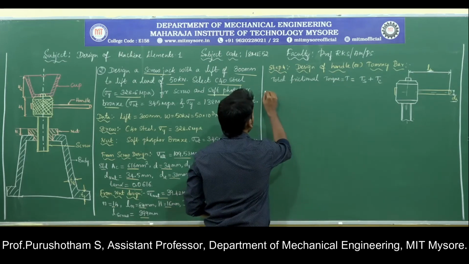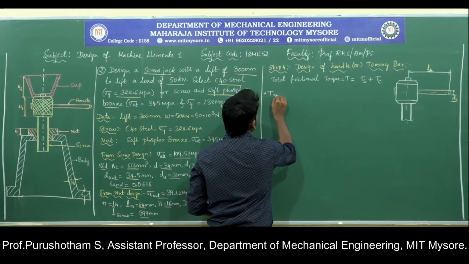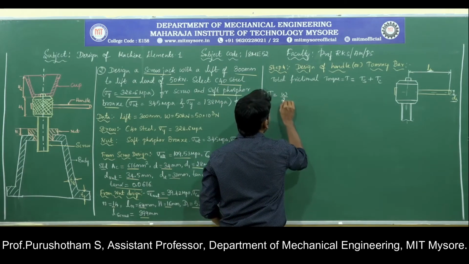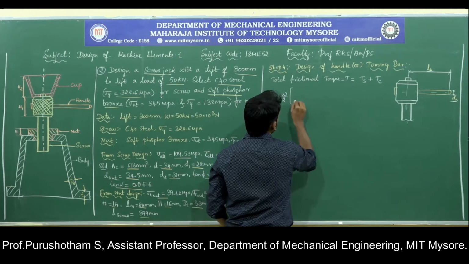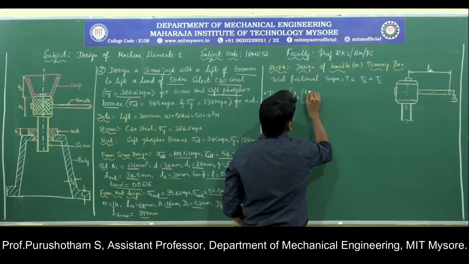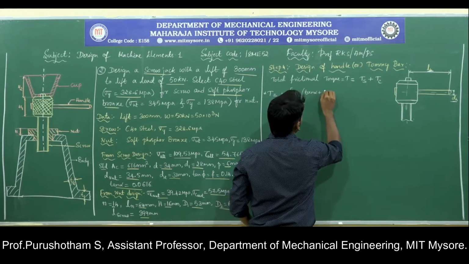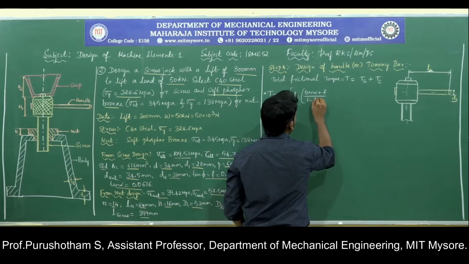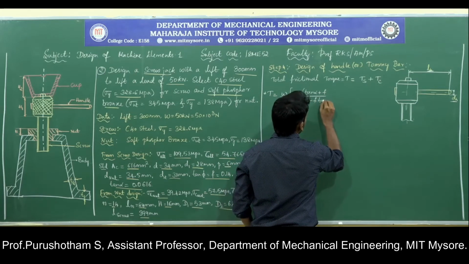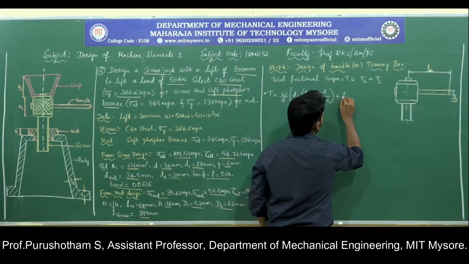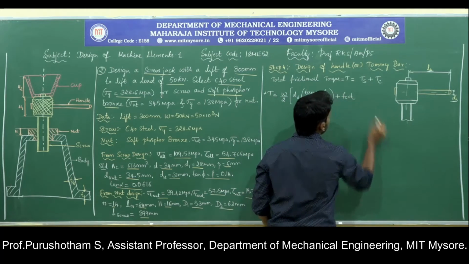The total frictional torque T is given by the equation W by 2 times d2 times tan alpha plus coefficient of friction F divided by 1 minus F times tan alpha, plus FC DC.